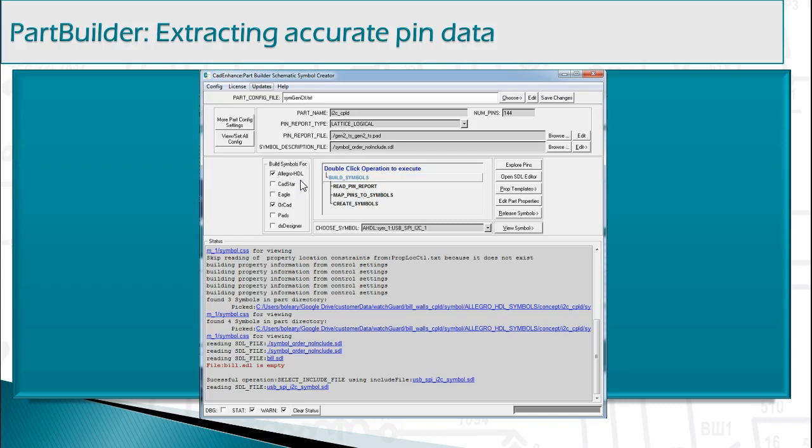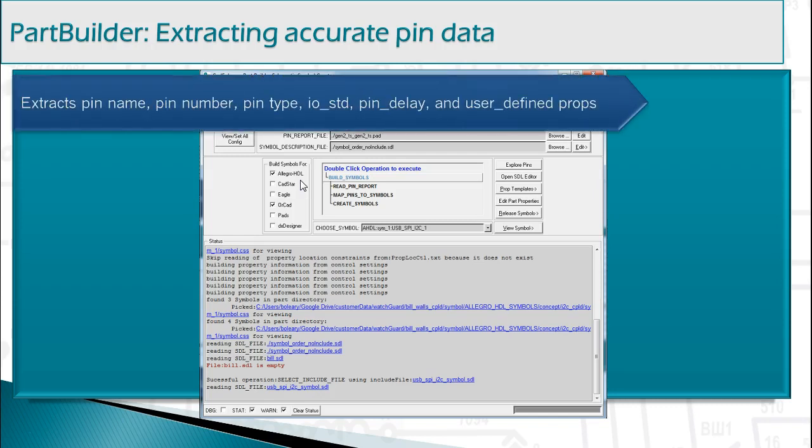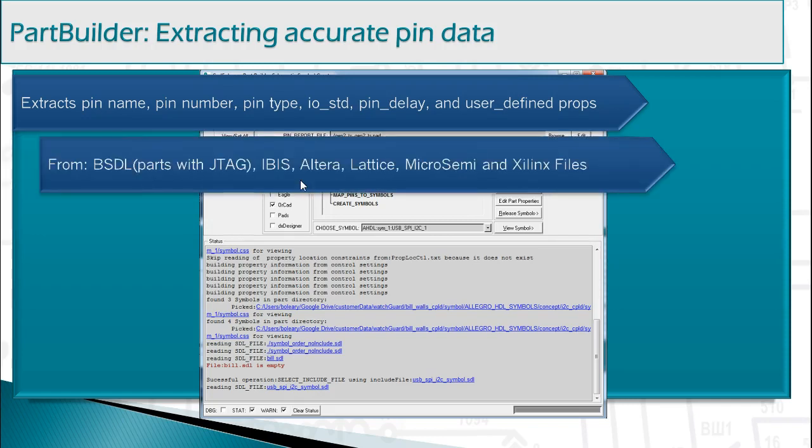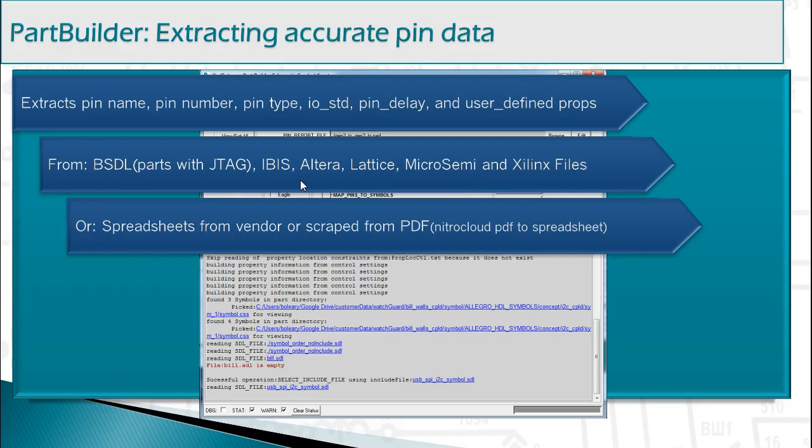Let's talk about extracting pin data. So when PartBuilder reads your pin report file, it extracts pin name, pin number, pin type, IO standard, pin delay, and any other user-defined property you want it to extract. It reads BSDL files, which come with parts with JTAG, IBIS files, Altera, Lattice, Microsemi, and Xilinx files, or spreadsheets from the vendor or scraped from PDFs.